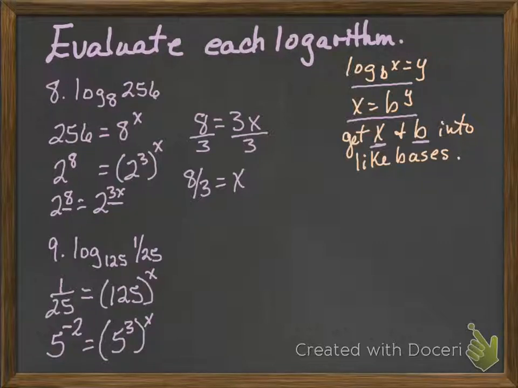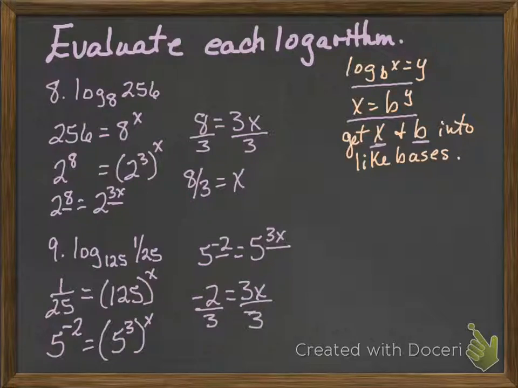That gives us 5 to the negative 2 equals 5 to the 3x. Again, look at just our exponents. We have negative 2 equals 3x. Divide each side by 3. And we have negative 2/3 is equal to x.